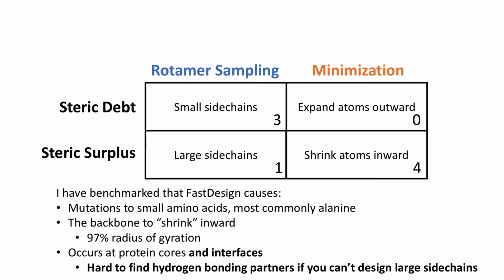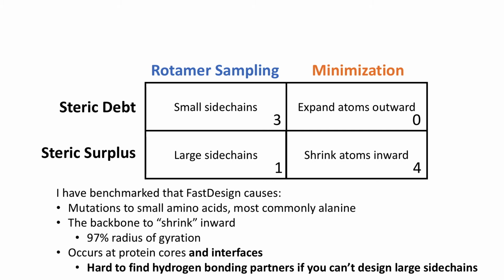So I benchmarked this case, and I've run fast design on many proteins, and what I find is that there's this unbalanced trend to mutate towards small amino acids, most commonly alanine, in which the side chain is just a single carbon. In partnership with these mutations to alanine, the backbone of the protein shrinks inwards.